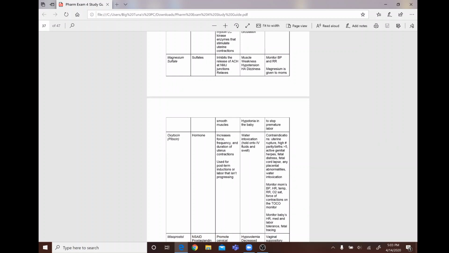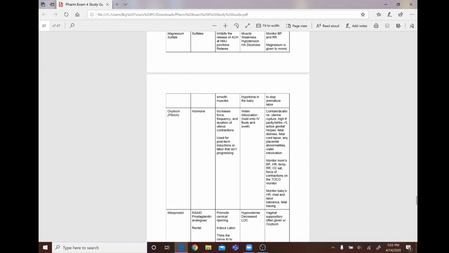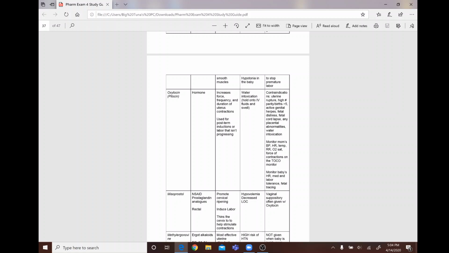Muscle weakness, hypotension, headache, dizziness, and hypotonia in the baby, which is loss of muscle tone. What are we going to monitor when taking magnesium sulfate? Blood pressure and respiration. And why do we take magnesium sulfate? Stop premature labor.